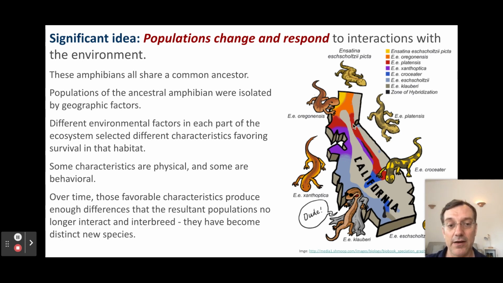Each of these areas has a unique and different set of biotic and abiotic factors. And as a result, the amphibians, or these salamanders that have lived in those areas, over time have changed in response to the selective pressures that the environment in that particular location has exerted on them. What do I mean by selective pressure?